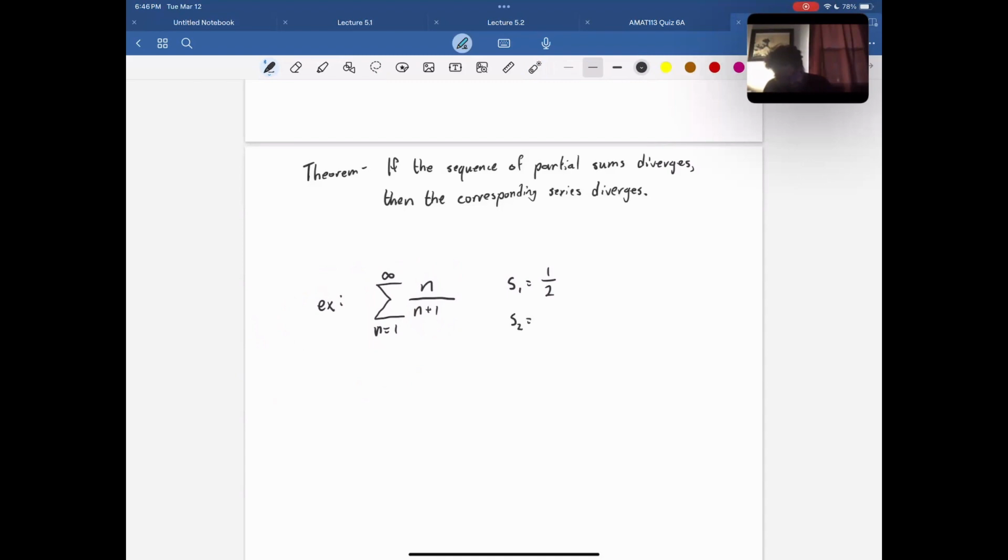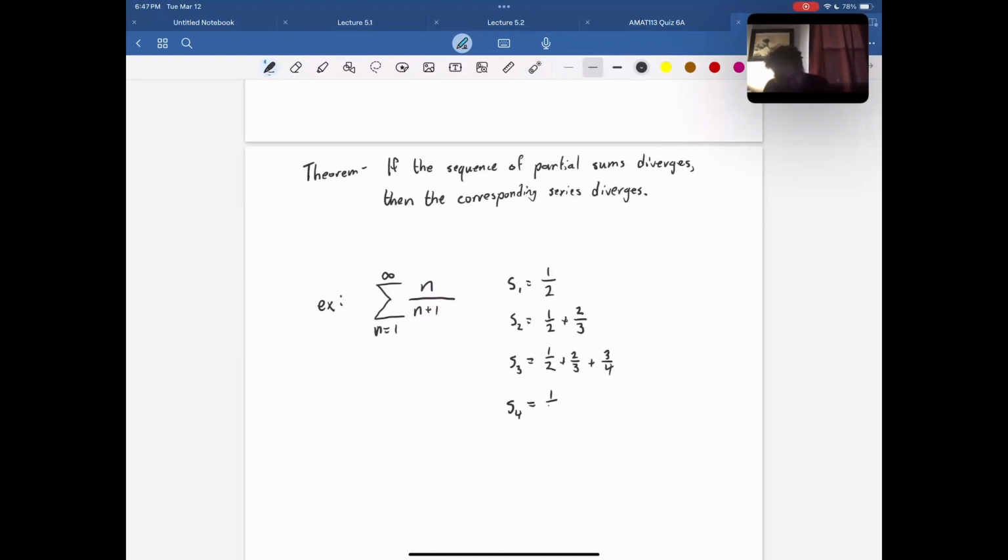S2 is going to equal 1/2 plus our second term is going to be 2 over 3, right? 2 over 2 plus 1. S3, our third partial sum, it's going to be, well, it'll be 1/2 plus 2/3 plus, right, 3/4.